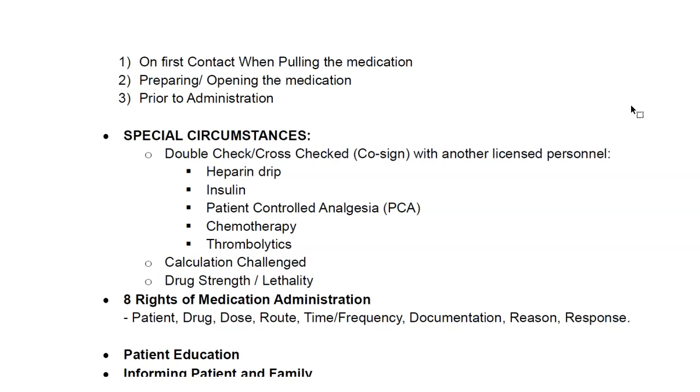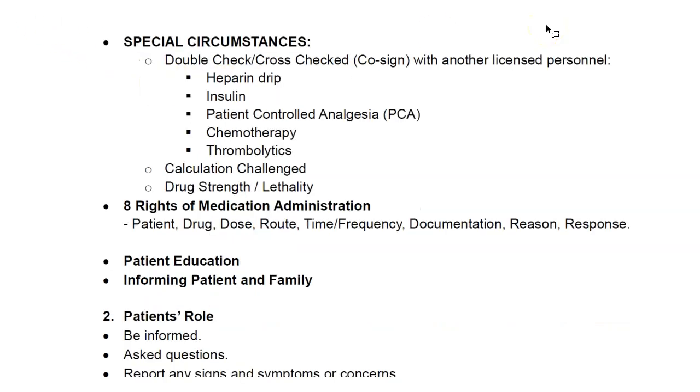You don't do the last check right before administration in the med room. Because guess what? You may get sidetracked and end up going to a different patient room, and you may have grabbed the wrong medication or left it somewhere, or something must have happened, right? So again, the last check is in the patient room while you're with your patient before you give it to your patient. Please memorize this.